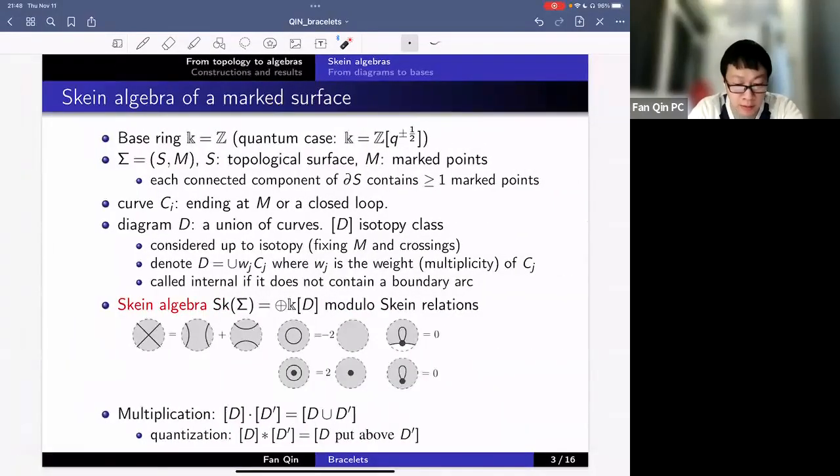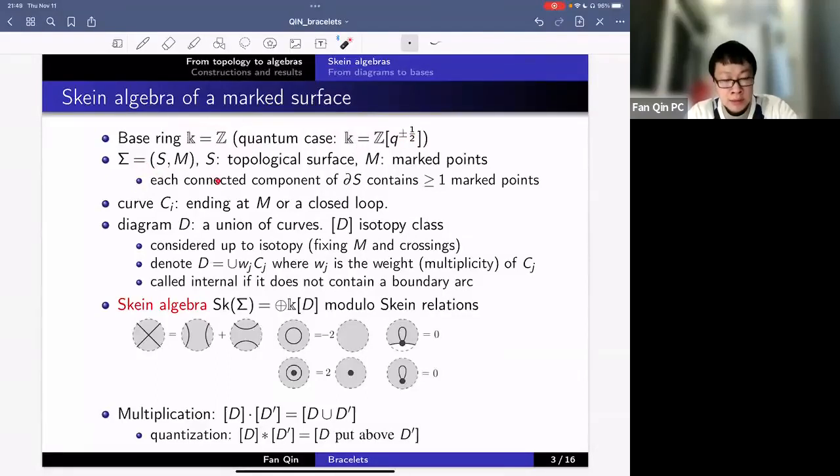Now I will give you a very quick review of skein algebras. The detailed construction is not so important for our talk, but anyway, it will be pleasant to see a definition. We work with a base ring, and we take the base ring to be the integers. If we are working in the quantum case, we take it to be Z[q^{±1/2}].